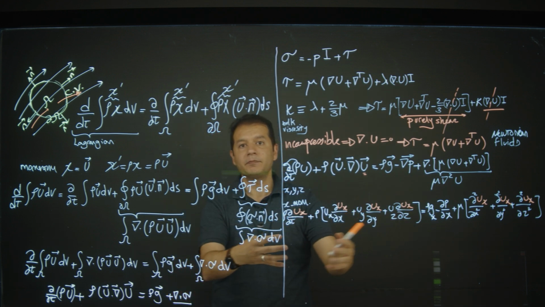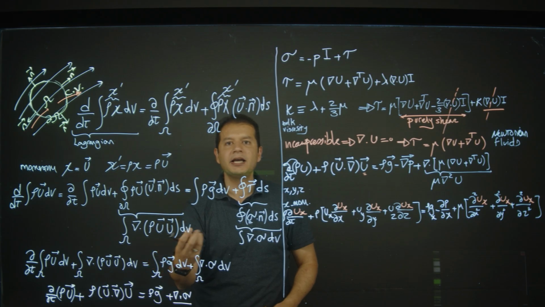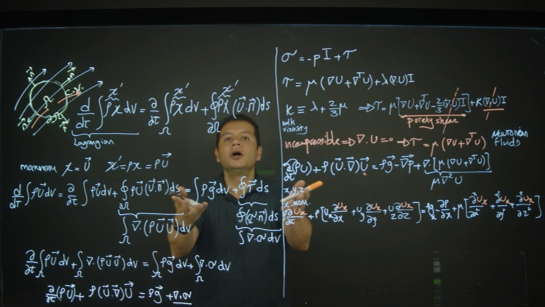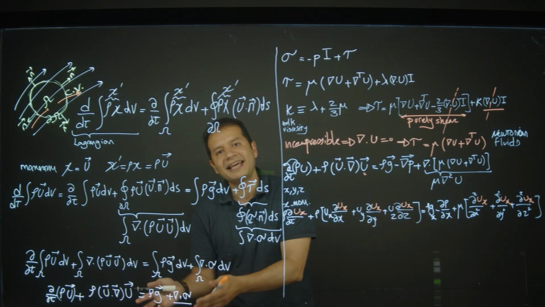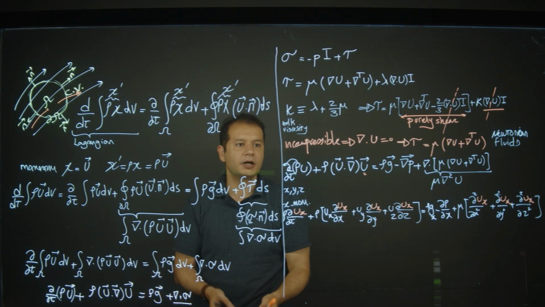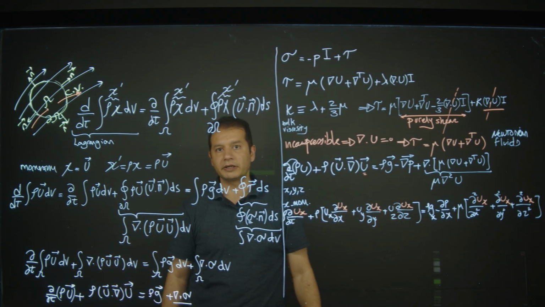So you will write them based on that coordinate system. The beauty of the divergence and gradient operators is you can write them for all different coordinates. If I write it only in x, y, z, then I need to write again for r, theta, etc. But when I write it with gradient and divergence operators, I am actually pretty much generic.